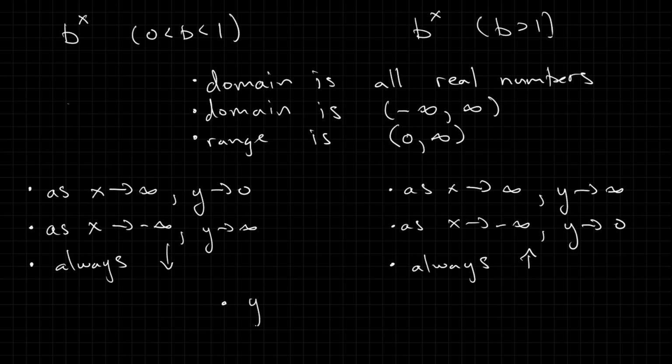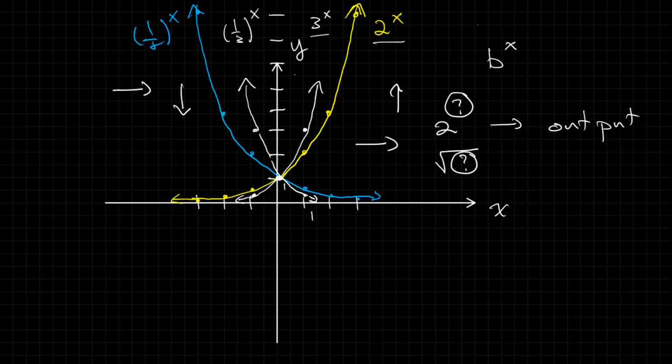And finally, we'll end with a couple properties that are shared by both of these graphs. First, y equals 0 is what's called the horizontal asymptote. That's true for both of these graphs. That means that as either x goes to positive infinity or minus infinity, either one, the y values get really close to 0. Now, for 2 to the x and 3 to the x, as x goes to minus infinity, the y values get really close to 0.